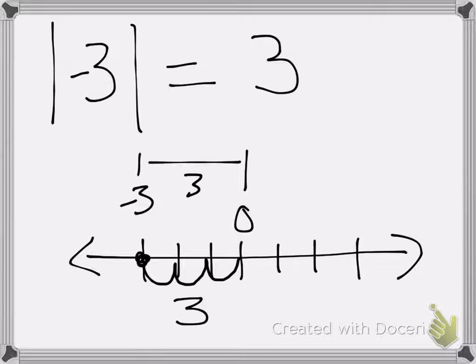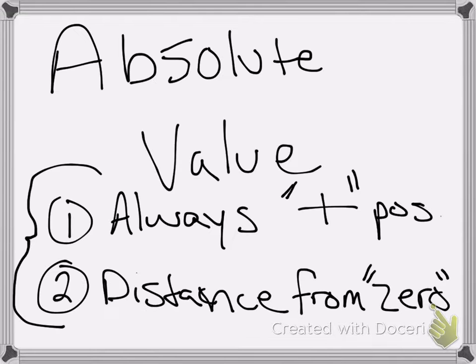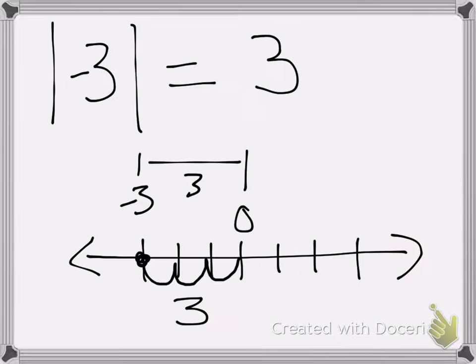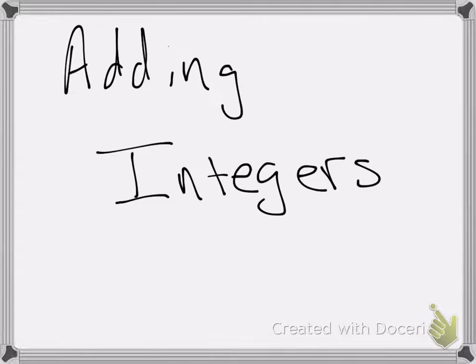And that's what we talked about today in class, that absolute value is always positive, and it is the distance from 0, in those two cases.